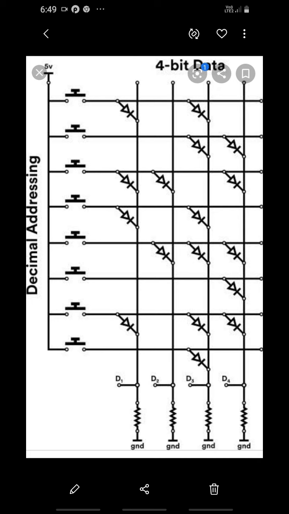And take the seventh switch. So R7 is equal to: D1 is not connected, D2 is not connected, only D3 is connected and D4 also not connected. That means R7 is equal to 0 0 1 0.